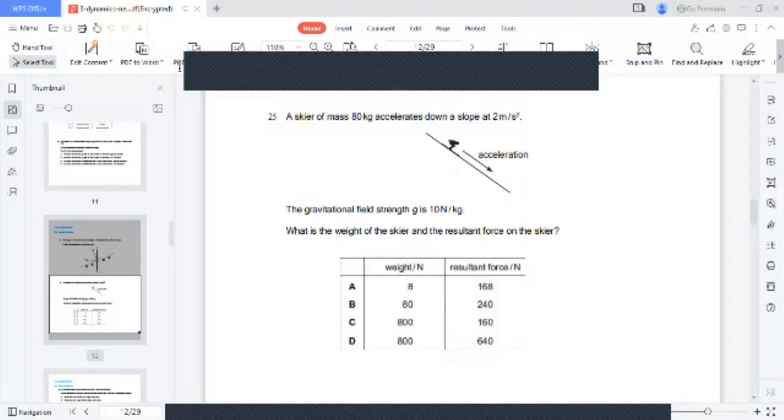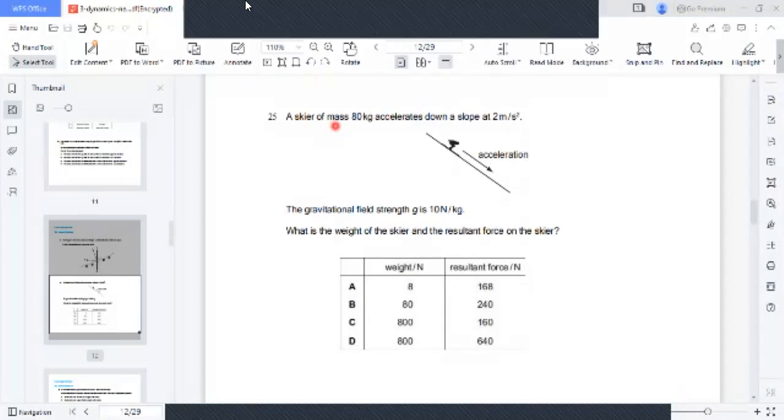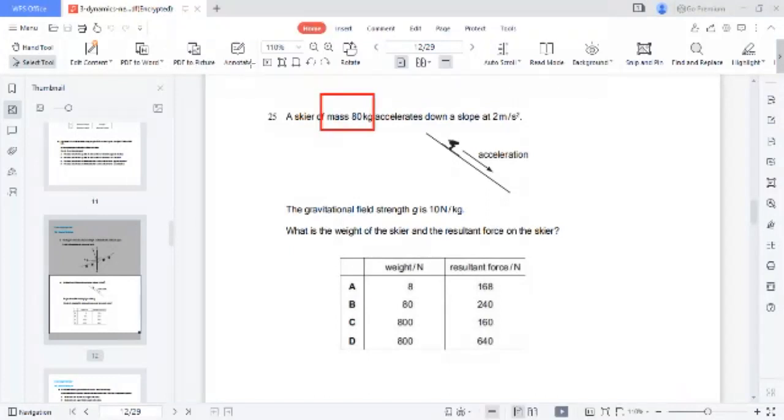In question 25, it states a square of mass 80 kg accelerates down a slope at 2 meters per second squared. So now you know the mass and acceleration.